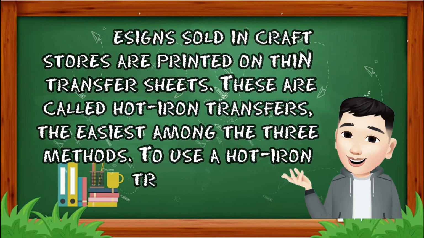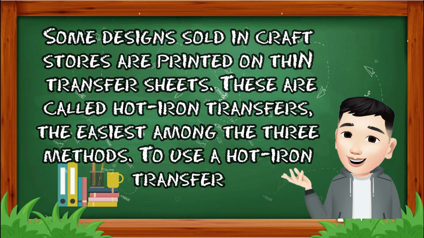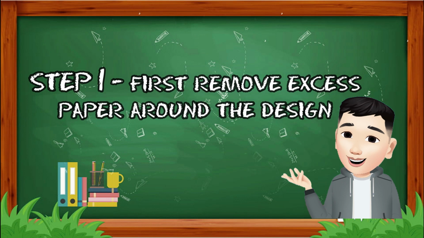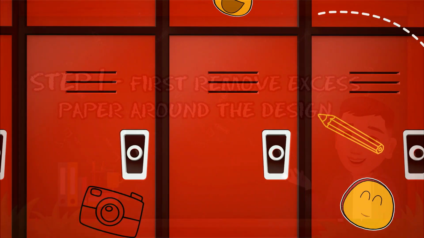Let us discuss first the hot iron transfer. Some designs sold in craft stores are printed on thin transfer sheets. These are called hot iron transfers. The easiest among the three methods to use is the hot iron transfer. First, remove excess paper around the design.